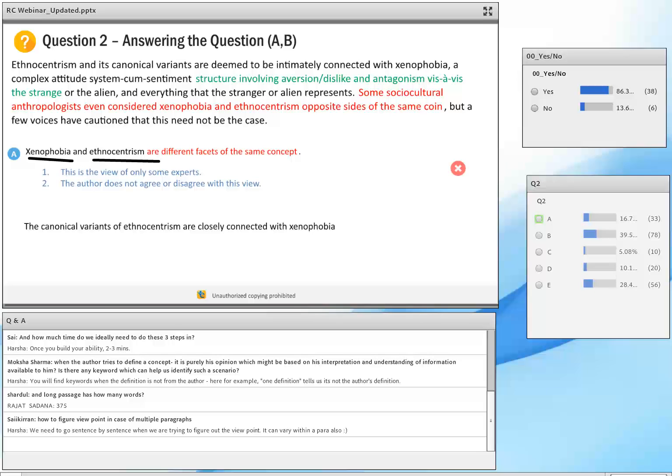And what the passage says is EC and its canonical variants are considered to be intimately connected. Does the author believe they're intimately connected? No, the author doesn't believe that. It's considered to be. It's the same thing as when you say blue is considered to be soothing. Does it mean that the author believes in it? No. Can you infer that? No.